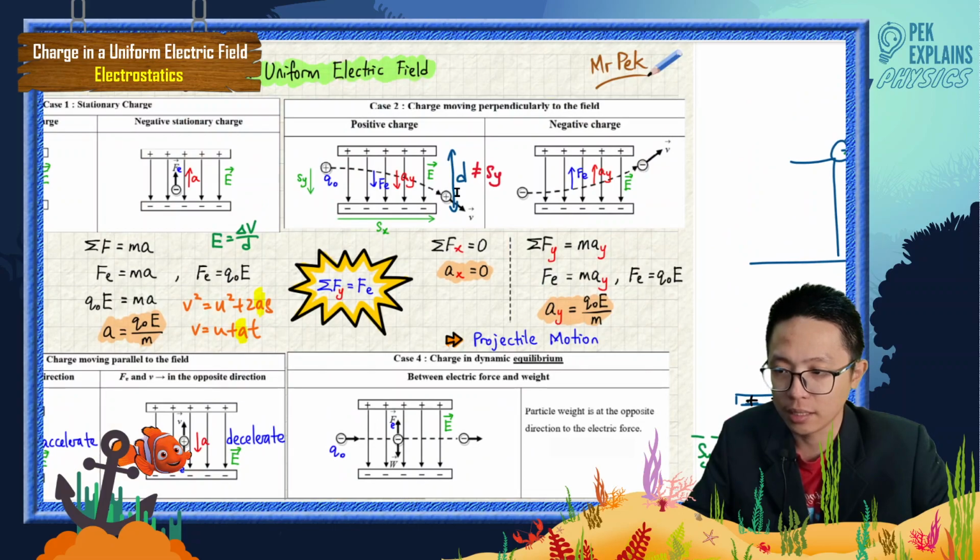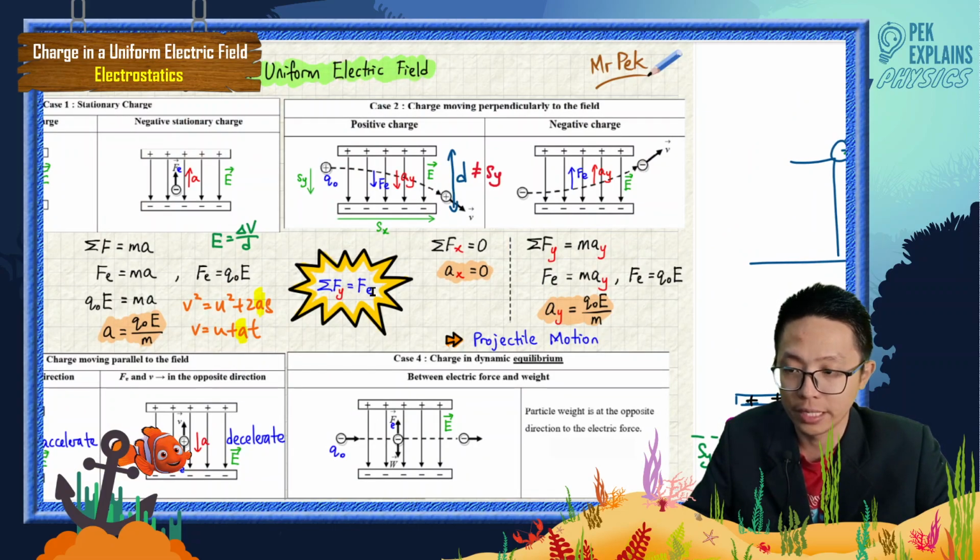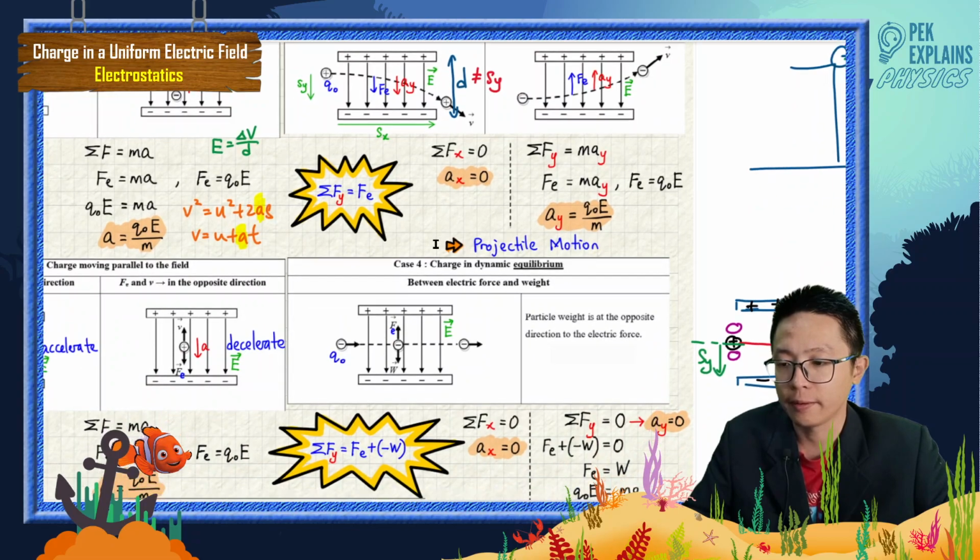Like the second case, when you only have the electric force, of course the test charge will curve either to the negative plate or the positive plate. It will deflect.